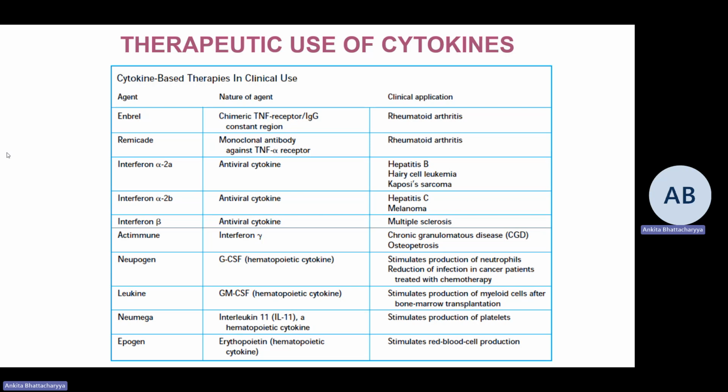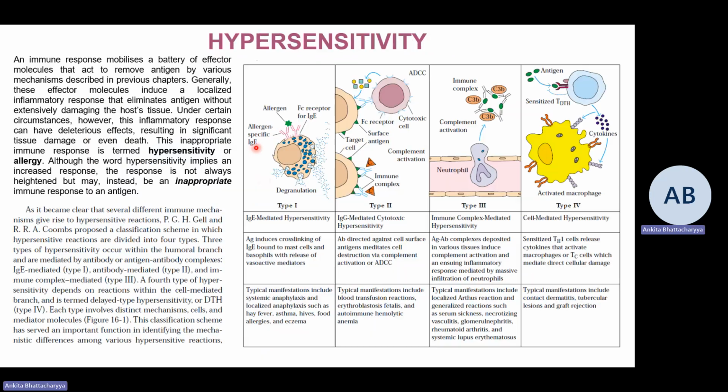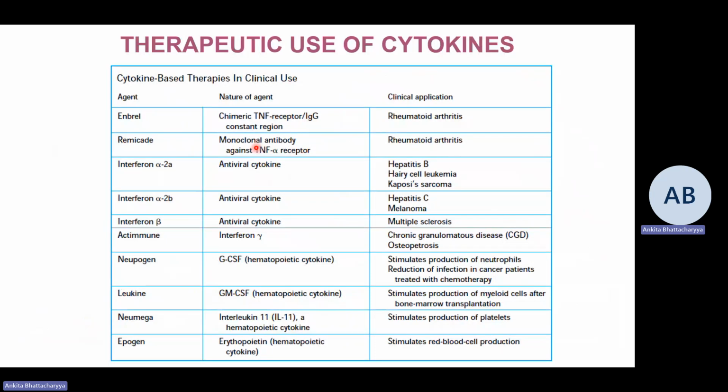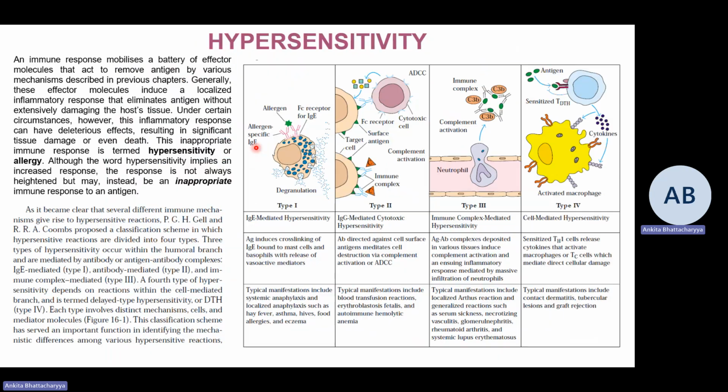Neumega stimulates production of platelets, and Epogen, erythropoietin, stimulates RBC production. So, I think that completes it. These are the clinically used cytokines which have been approved and in a large number of cases also implemented for therapeutic usage.